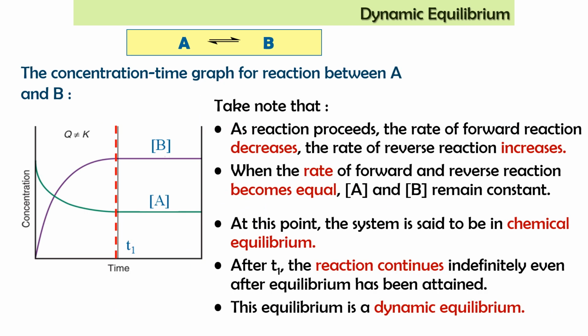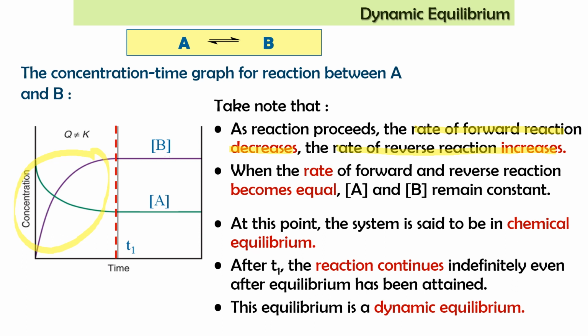You need to take note that as the reaction proceeds, the rate of the forward reaction will decrease and the rate of the reverse reaction will increase. So at this part, the rate of the forward reaction decreases and the rate of the reverse reaction increases.